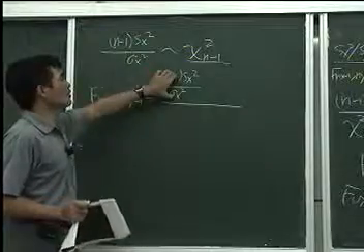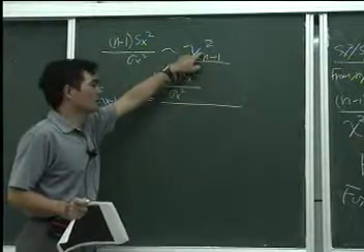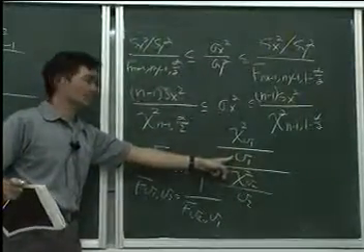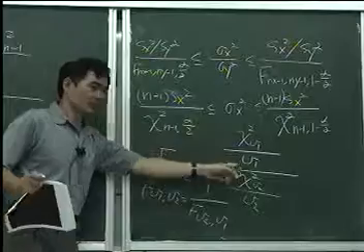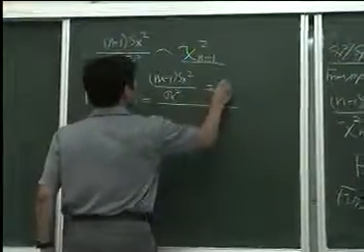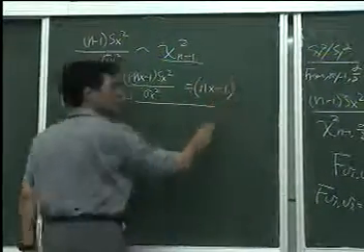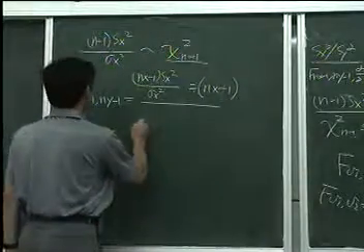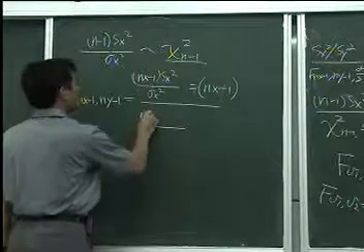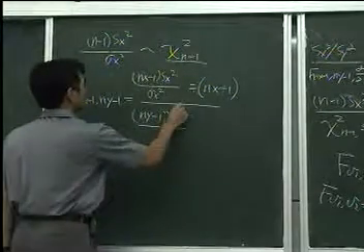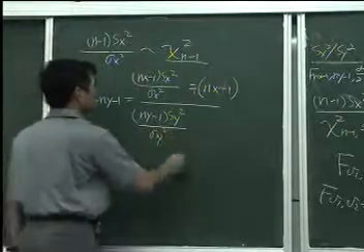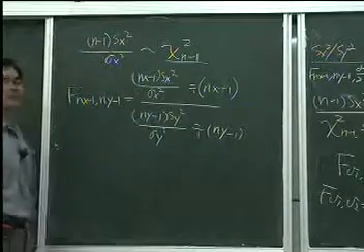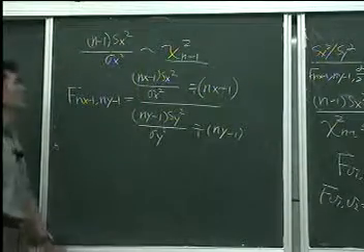But this is only a chi-square distribution, because for the second part you have to divide by the degrees of freedom, so you divide by n_x minus 1. The same thing here: (n_y-1)S_y^2/sigma_y^2 divided by n_y minus 1. Any questions so far?